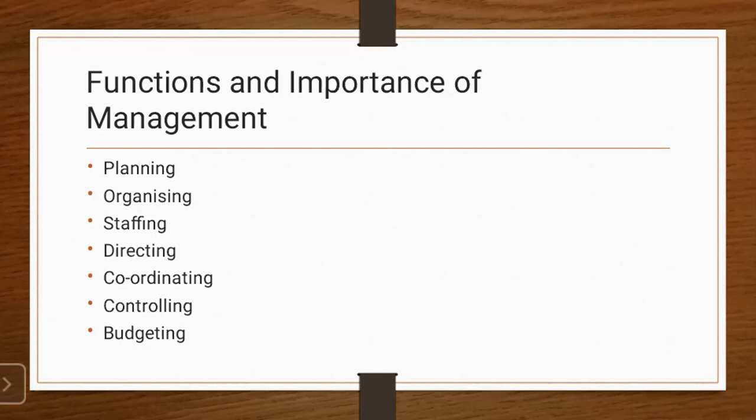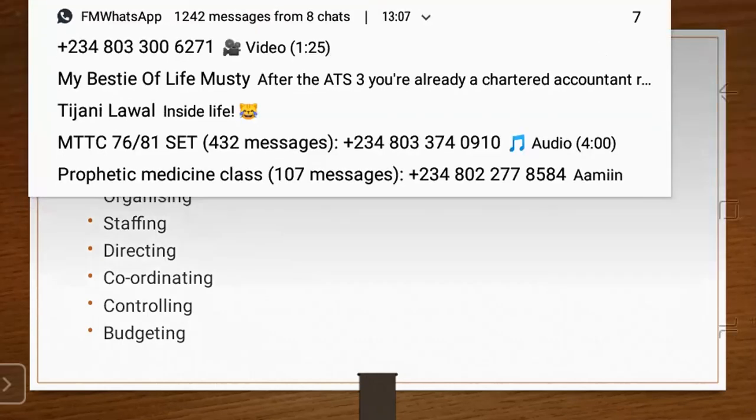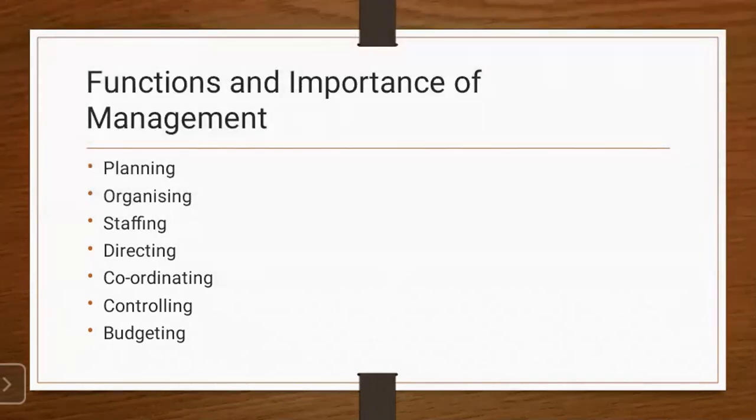So we are talking about directing. This involves how you get those people that you have organized and staffed to carry out the decisions quickly and efficiently, with minimum supervision. That entails using leadership skills and other skills. It is telling us how you get those people to carry out those decisions and plans that you have set for the business.